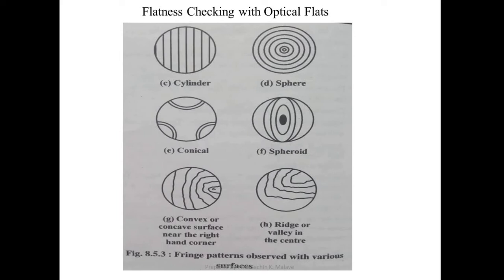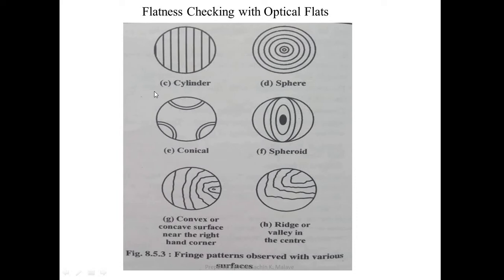Interferometer can also be used to check the flatness. In this case, the optical flat is placed on the metal surface to be tested. We have seen the optical flat.